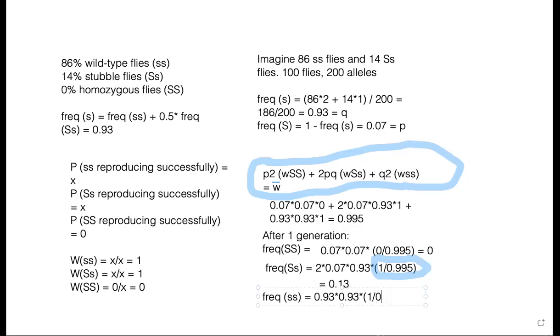And that 1 divided by 0.995 again tells you that it's greater than 1. So the frequency of homozygous recessives with normal bristles is going to be higher than it would be if we did not have any selection going on.